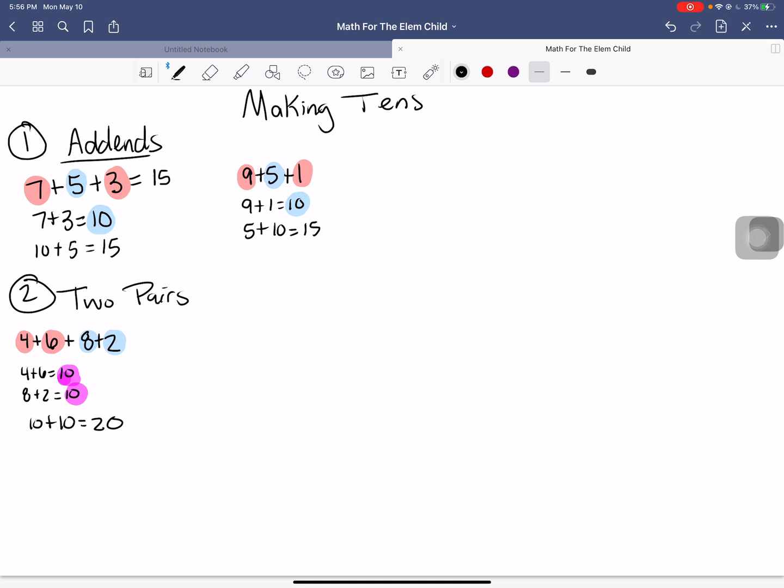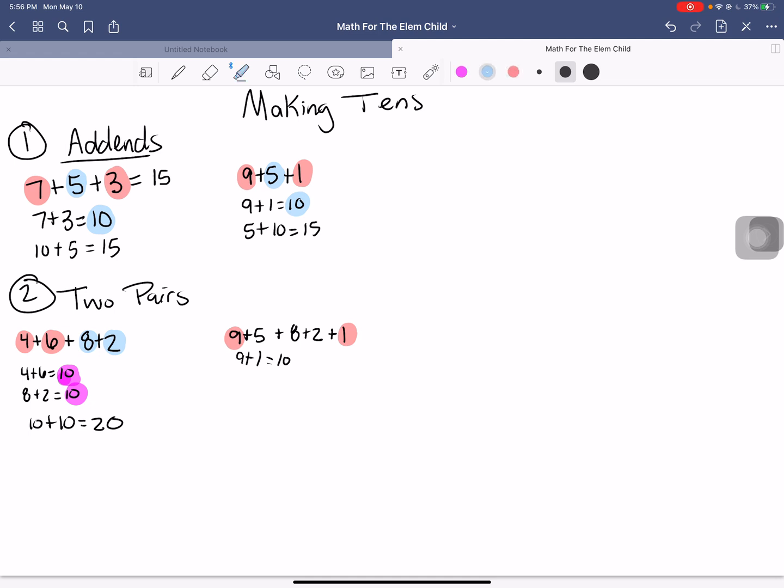And then another problem we can do is 9 plus 5 plus 8 plus 2 plus 1. So let's separate this out. 9 plus 5 is not going to be an easy friendly number to make. So what we're going to want to do is put the 1 and the 9 together to get a 10. So 9 plus 1 is a 10.